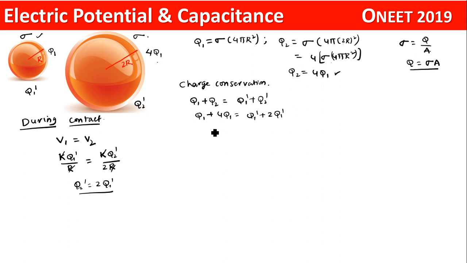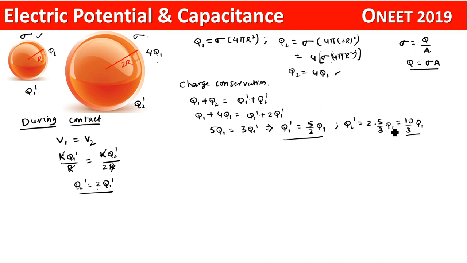So 5Q1 is equal to 3 times Q1 dash, which gives Q1 dash equal to 5 by 3 times Q1, the earlier charge on the first sphere. Q2 dash is 2 times Q1 dash, so substituting 5 by 3 Q1, I get 10 by 3 Q1. These are the new charges.